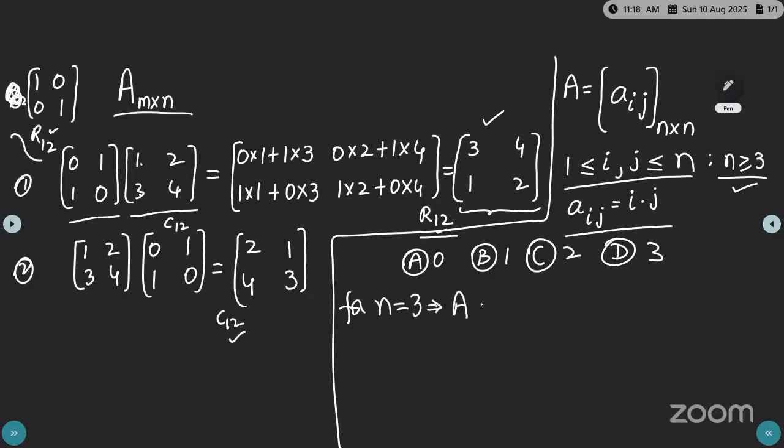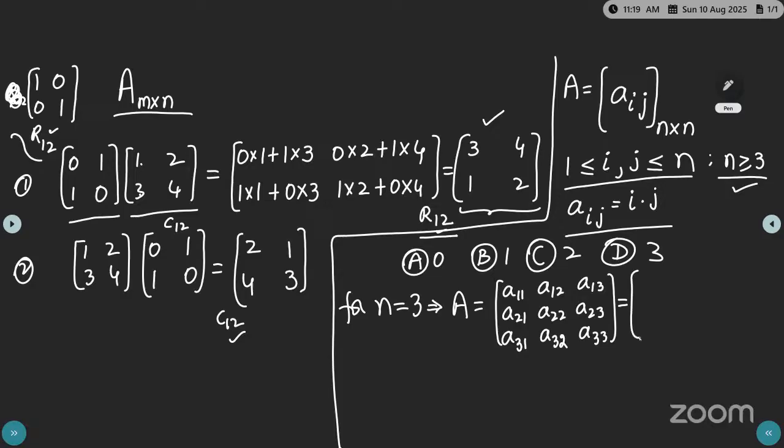For n equals 3, A is a 3 by 3 matrix: a11, a12, a13, a21, a22, a23, a31, a32, a33.